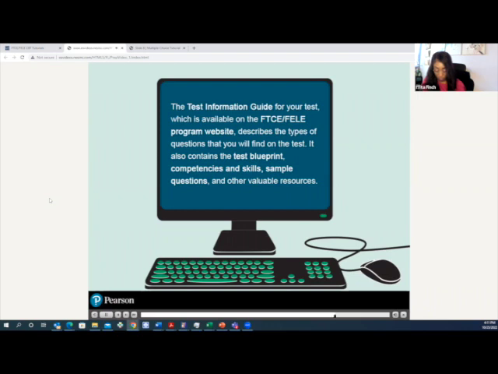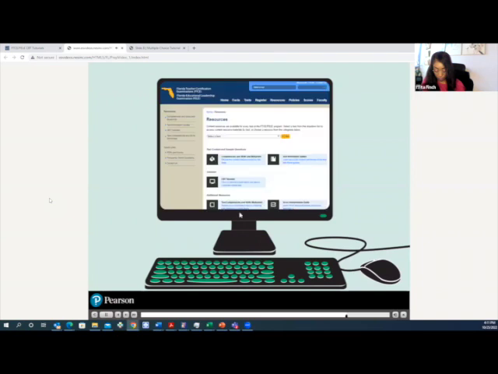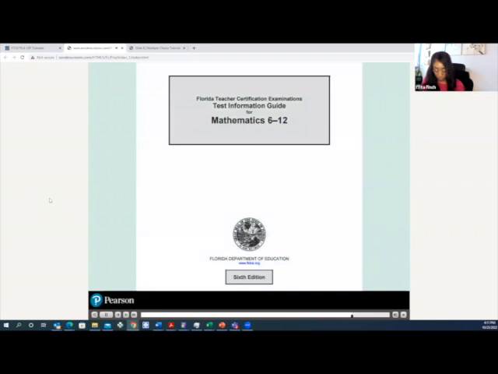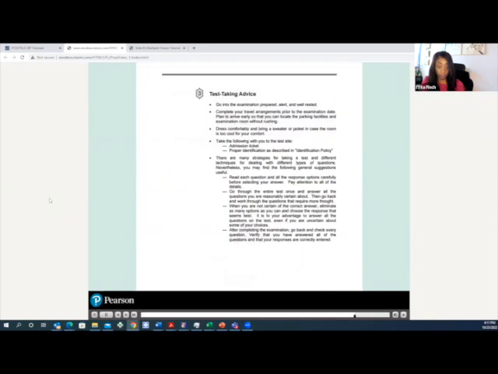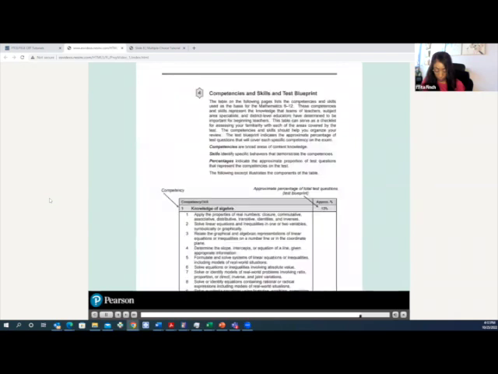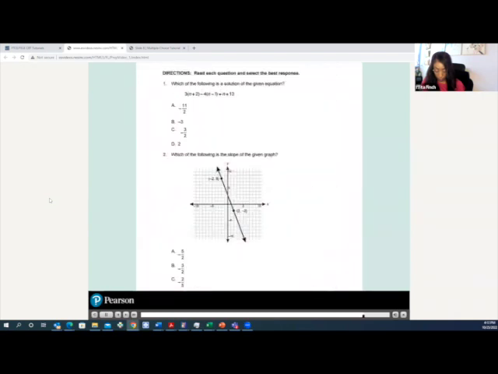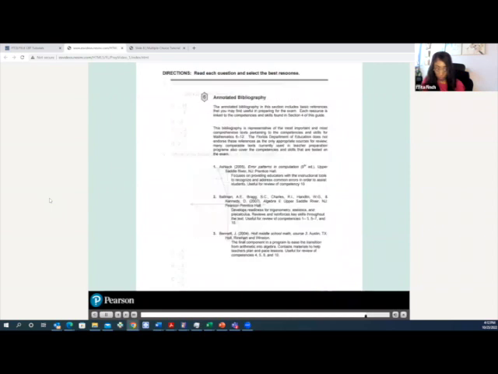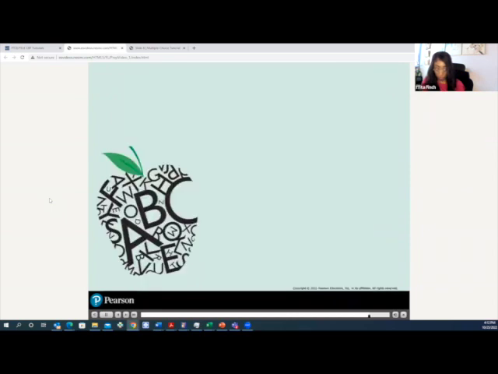It also contains the test blueprint, competencies and skills, sample questions, and other valuable resources. End of part 1. What's on the test?